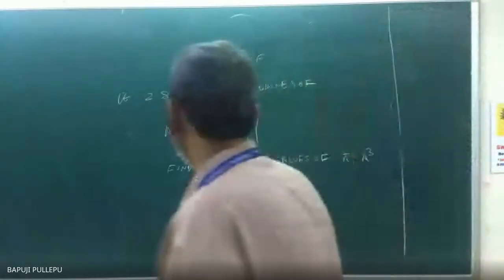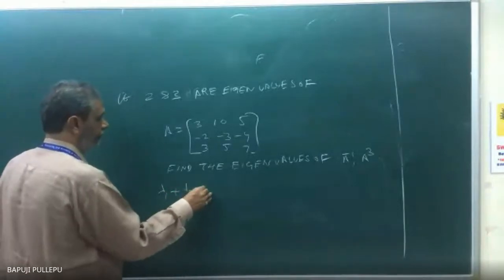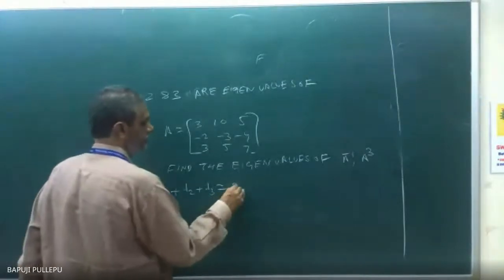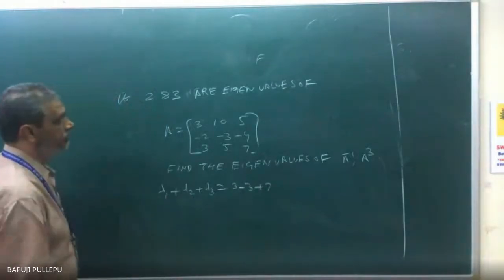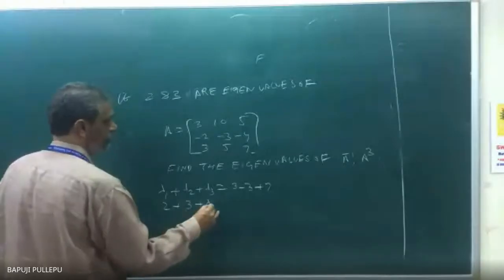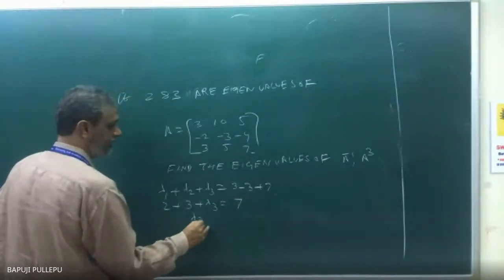We know that the sum of the eigenvalues equals the trace, which is 3 minus 4 plus 7, that is 6. Lambda 1 is 2, lambda 2 is 3, so lambda 3 is equal to 2.